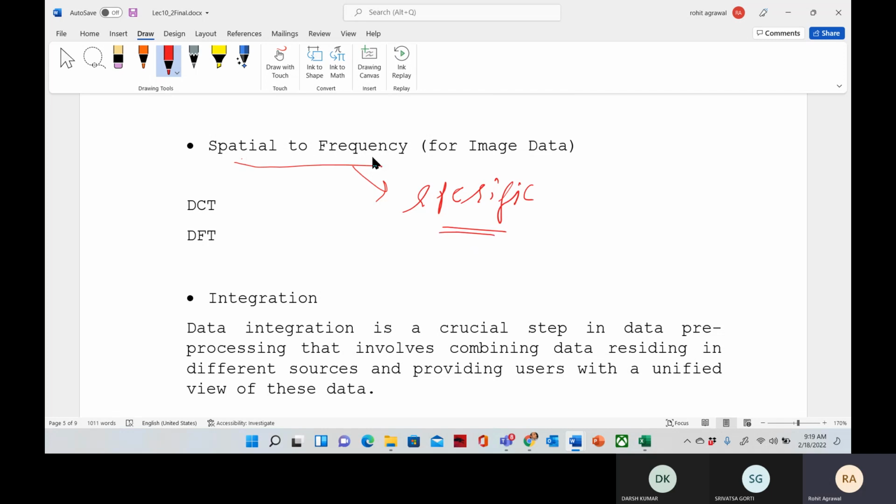Spatial to frequency, discrete cosine transformation, or discrete Fourier transformation. There are many, not limited to these. These are specific to the application.